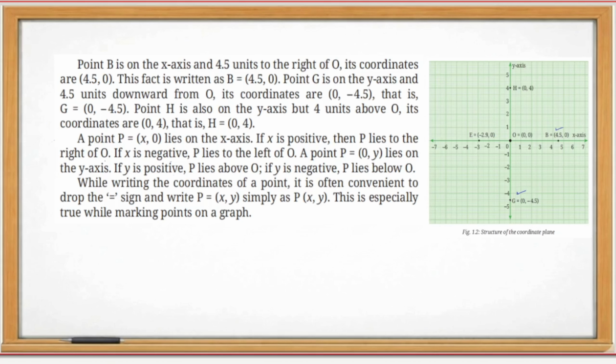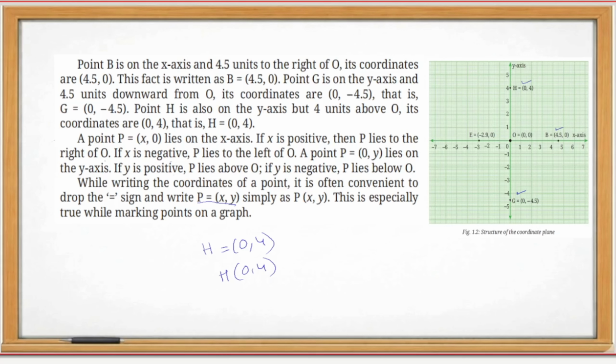When the point lies on the y-axis, x will be 0. If you take H, the coordinates are 0, 4. Here the point lies on the y-axis, so x is 0 and y is 4. The coordinates of H are 0, 4. Here it is written as H (0, 4) and we can also write it as H, 0, 4. Both are the same. This is also correct.